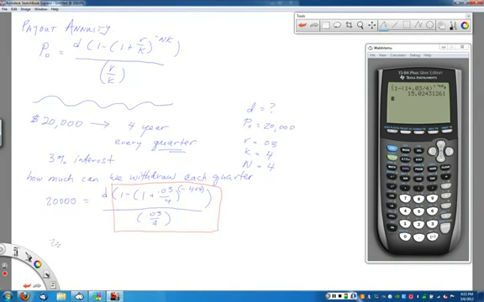So over here then, what I've got is 20,000 equals D times this value here, 15.0243, and so on. And then to finish getting D by itself, just divide by that 15.0243 number on each side.